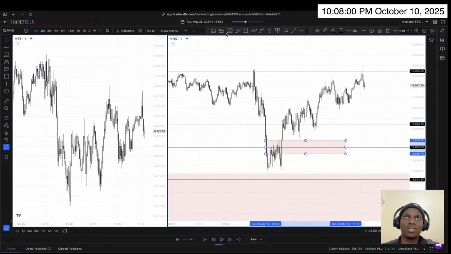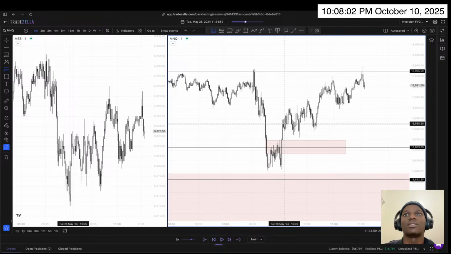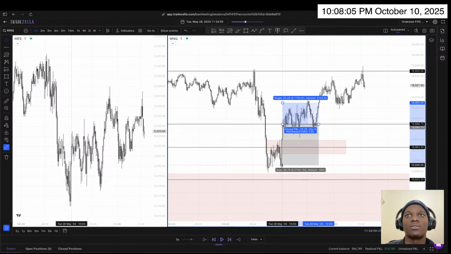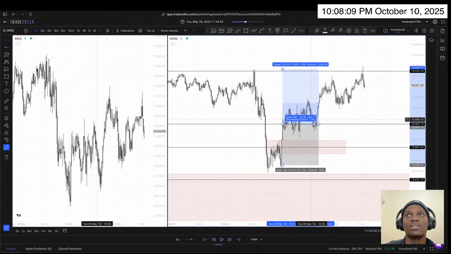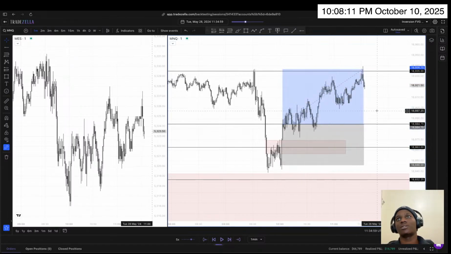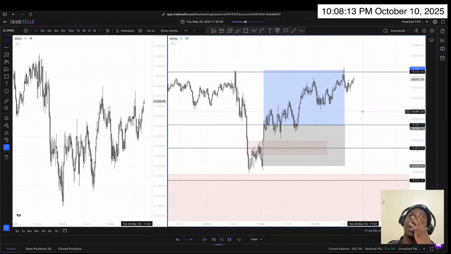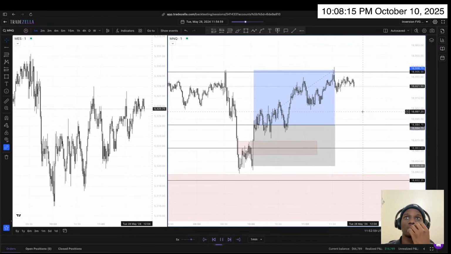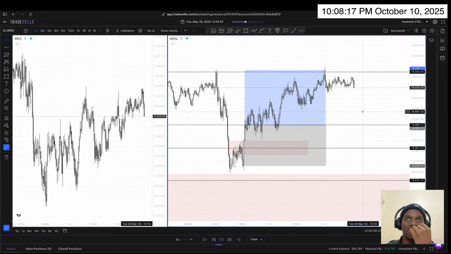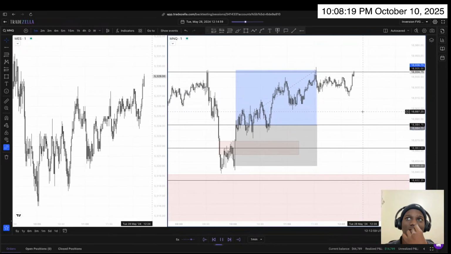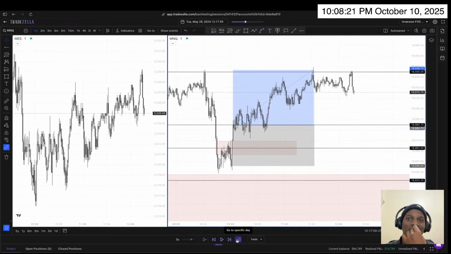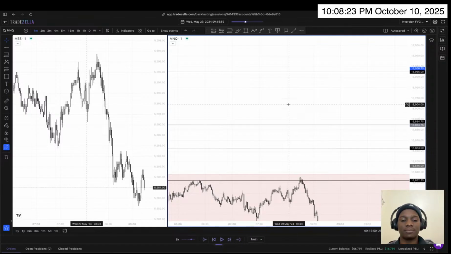But then the problem is that you would enter late. I mean, entering here with a stop right around there, targeting this high here, 1.3R, very slow PA. Very slow day.